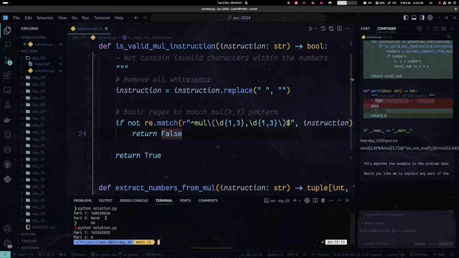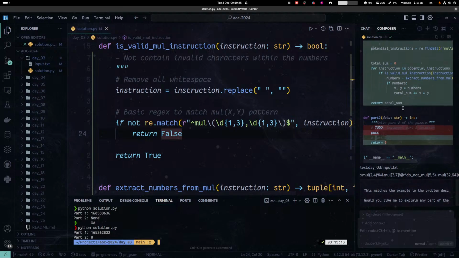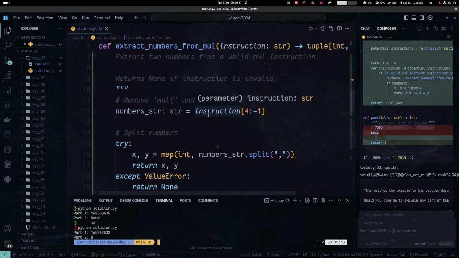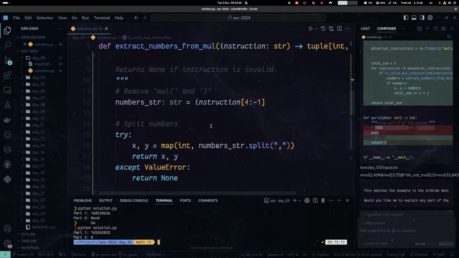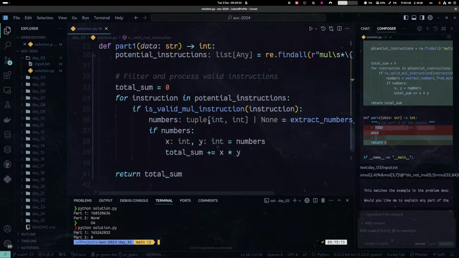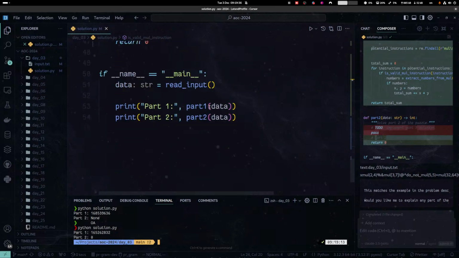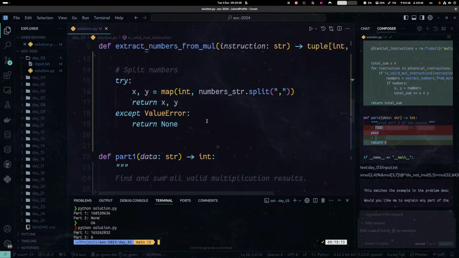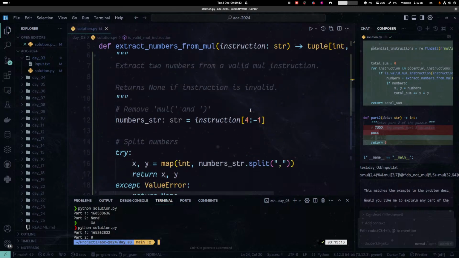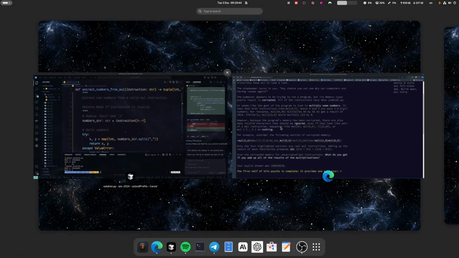Interestingly, Claude 3.5 hasn't solved it correctly. That's unexpected. Alright, 3.5 hasn't solved it.